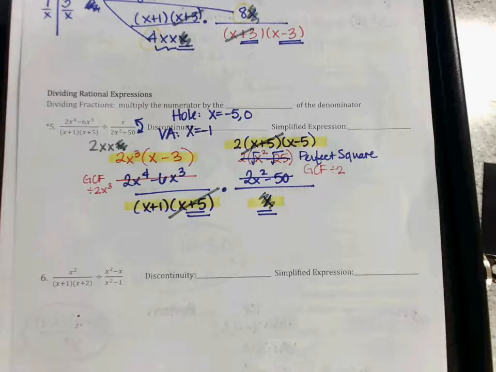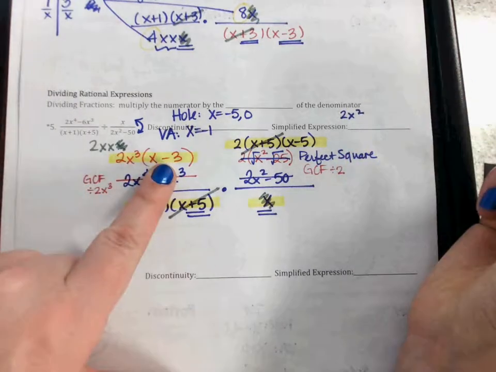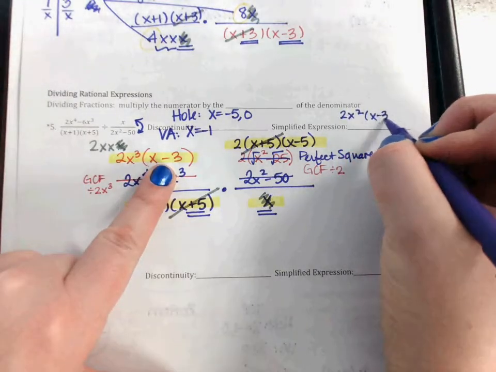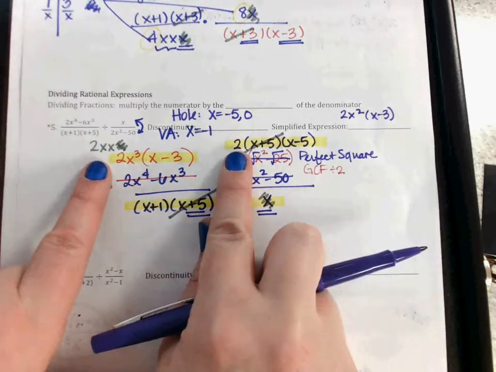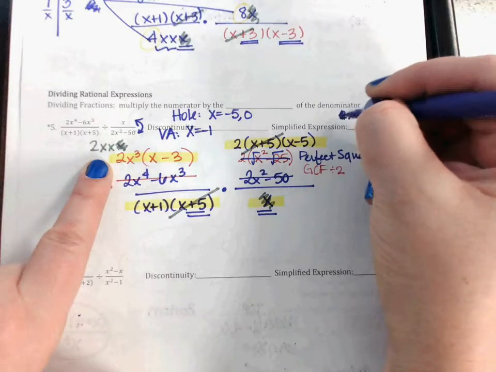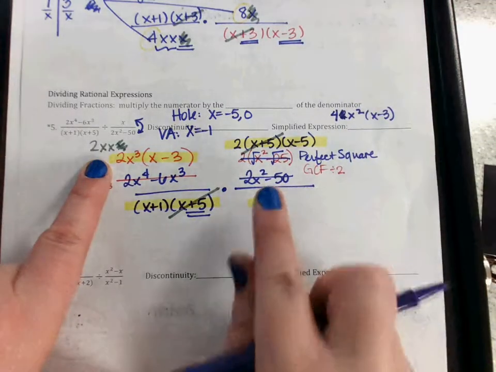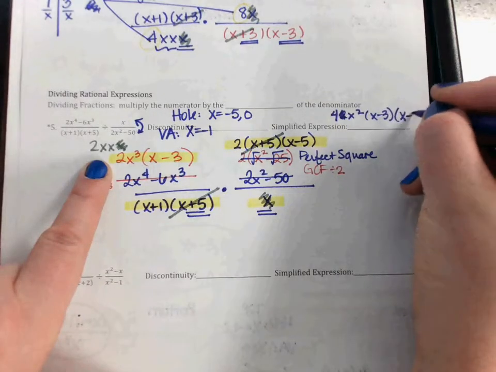Then for your simplified expression on the top, you have a 2x squared. You have an x minus 3. And actually, if I have another 2 here, could I multiply these 2's together? Okay, yeah, so I'm going to make that instead a 4 in the front. Okay, because I have a 2 times a 2. And then I have an x minus 5.